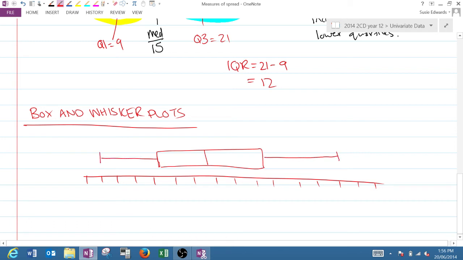In essence, there should be 5 little vertical lines, okay? This line here is the minimum score. This one here is quartile 1, median, quartile 3, maximum. You can have these both vertical or horizontal. So this one's horizontal, vertical can be up and down.